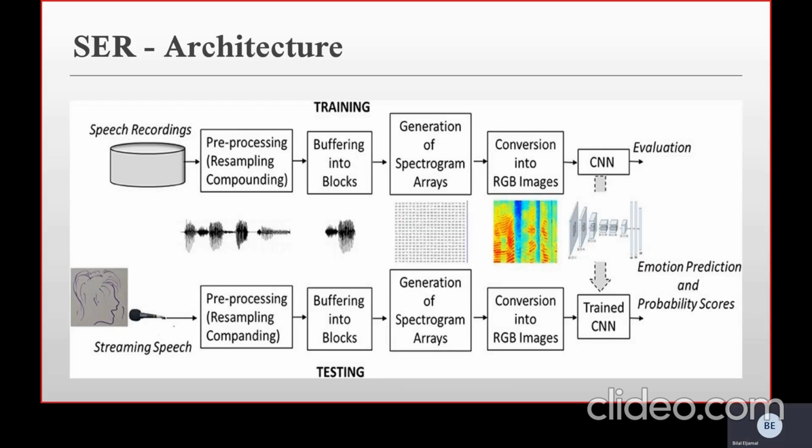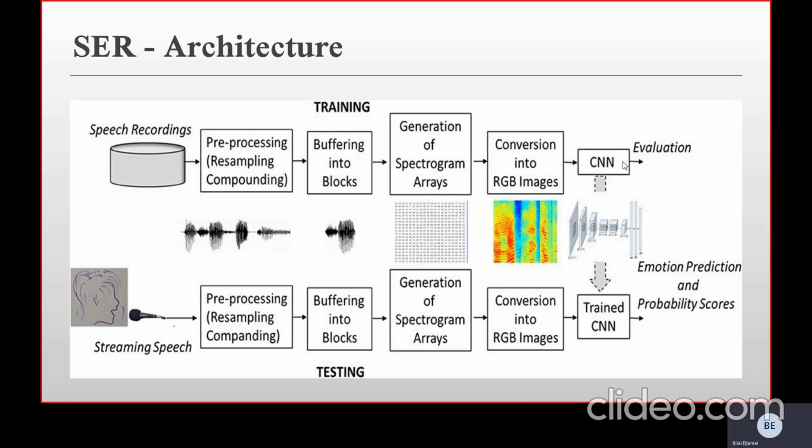Moving now to the architecture of our project, this is the general block diagram of our application. Here you can see that we have labeled speech samples buffered into short time blocks. For each block, a spectral amplitude spectrogram was calculated, converted to RGB images, and then passed as an input to the pre-trained CNN.